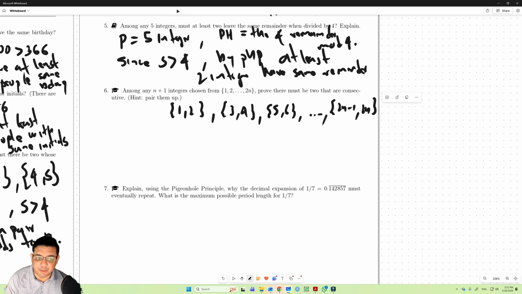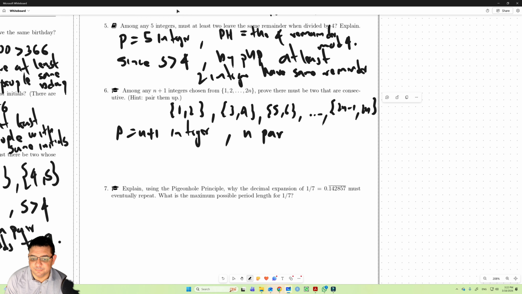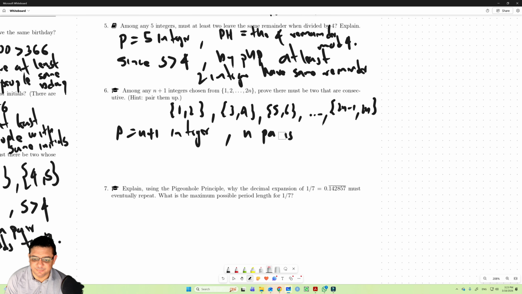And the pigeons here are the n plus 1 integers that are chosen from here, and the pigeonholes are these n pairs.